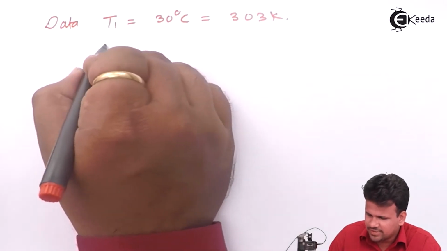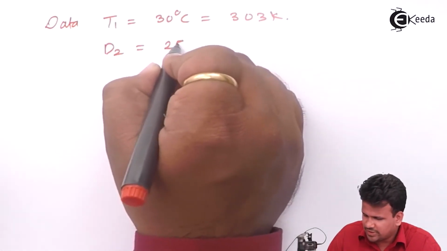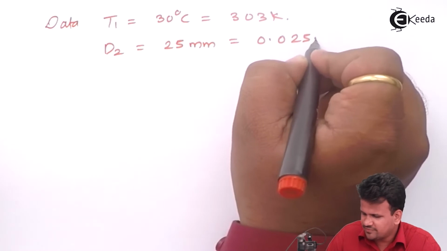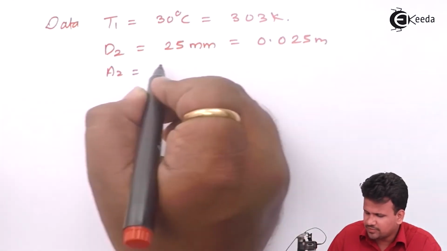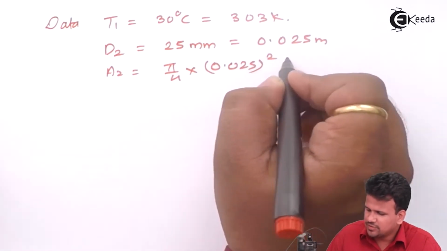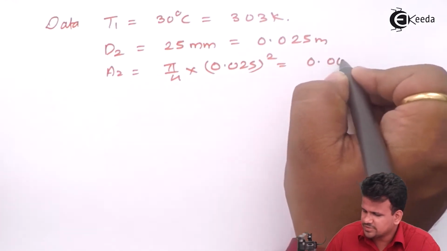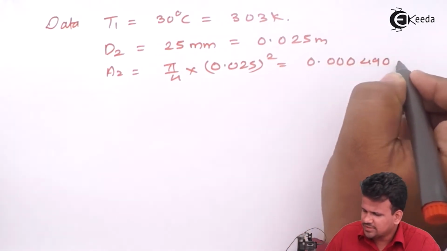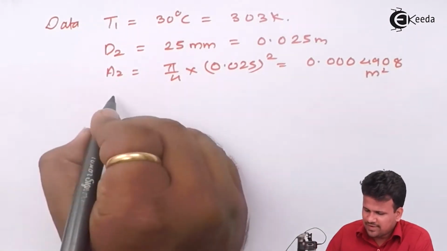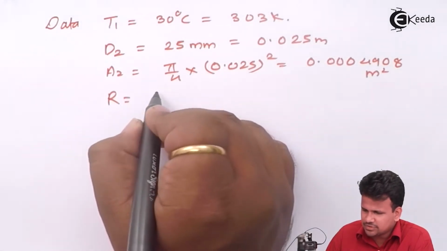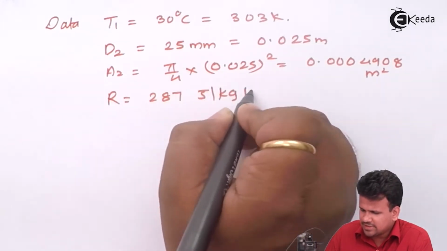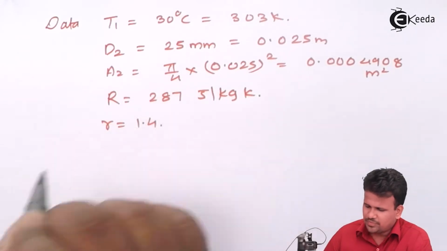Second, they have given us diameter D2, that is 25 millimeters, so this is 0.025 meters, and A2 will be equal to pi by 4 into 0.025 the whole square. So this will be 0.000498 meter square. So we have calculated the area of cross section. Then the value of R is 287 joule per kg Kelvin and gamma is equal to 1.4.